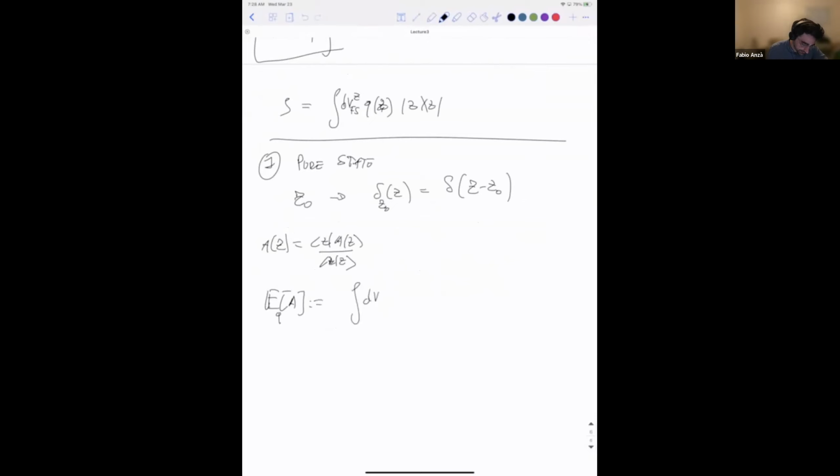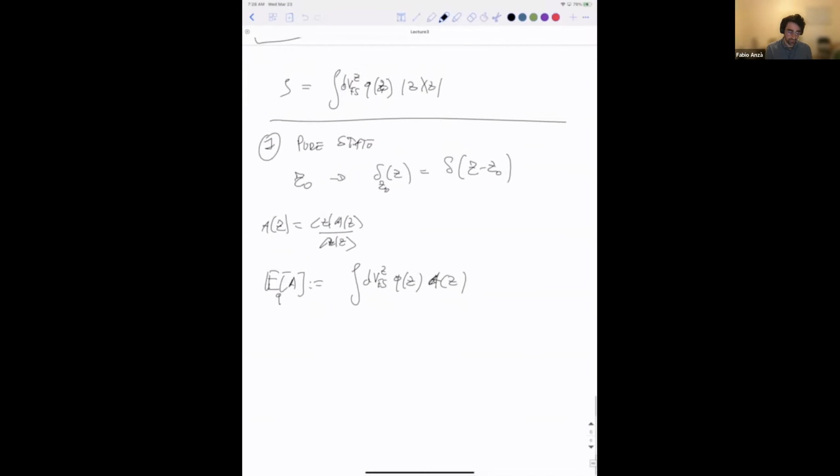Well, this is defined as the integral with dV Fubini-Study Q of Z times A of Z. Now, this means that if Q of Z is a Dirac delta, then the expectation under delta z0 of any A is just going to be A of z0, which is <z0|A|z0> divided by <z0|z0>, as it should be. All right, so pure state corresponds to a situation where the probability that the system will be in any state but z0 is going to be 0, and therefore the probability that the state will be z0 is going to be 1, and that should be reflected in all our expectation values.